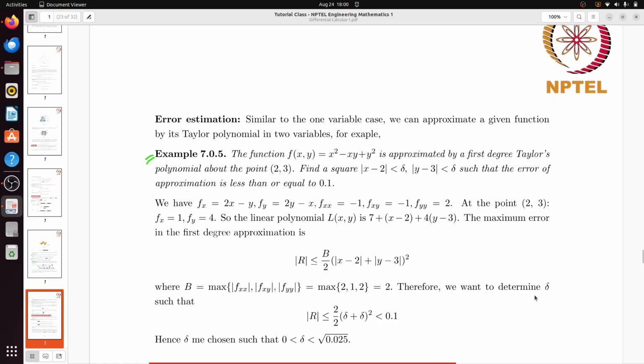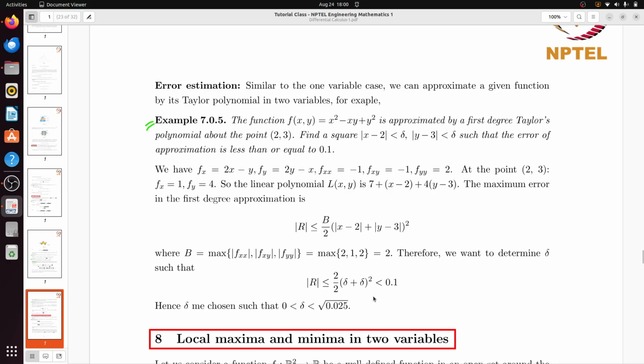So therefore we want to determine delta. This is less than delta, this is also less than delta. So that means the error is less than 2 times (delta plus delta) whole square, and that should be less than 0.1. So that means just 4 delta square is less than 0.1, and from that you can easily calculate delta.